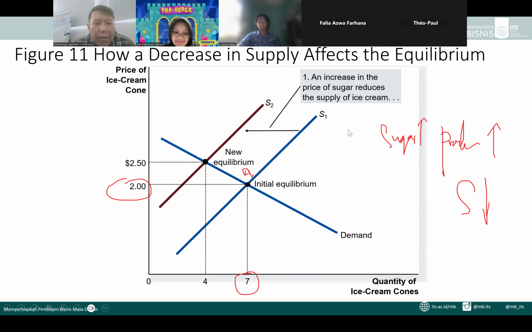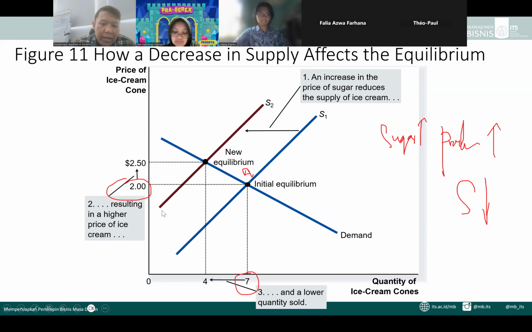So we're going to have a new equilibrium. In this case, see here, the increase of sugar will shift the supply curve to the left, which leads to a higher price and a lower quantity to be sold. Why?